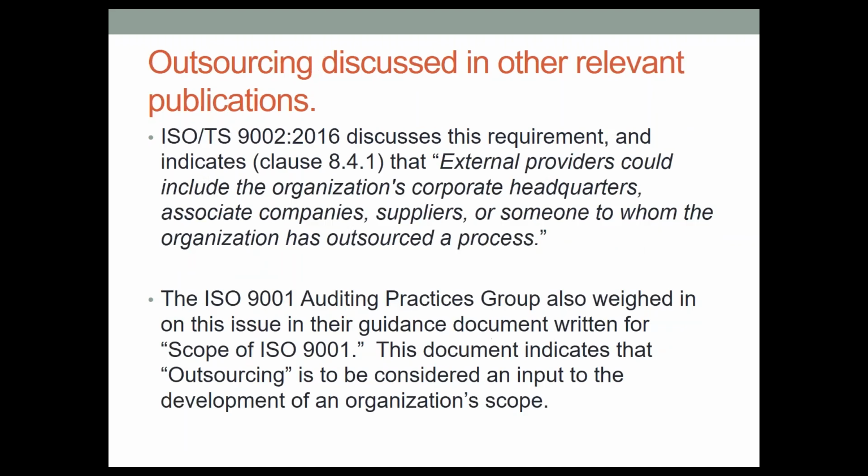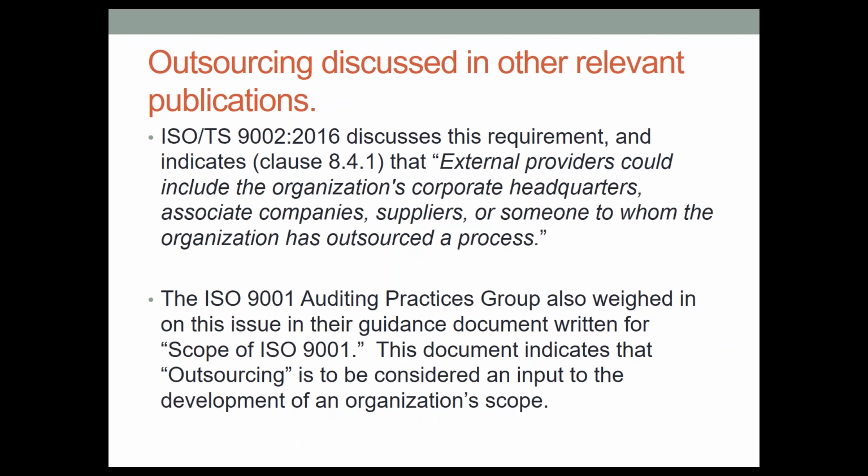Now, outsourcing is discussed in a number of other relevant publications. From ISO 9002, it states that external providers could include corporate headquarters, could include associate companies, suppliers, or someone to whom the organization has outsourced a process.